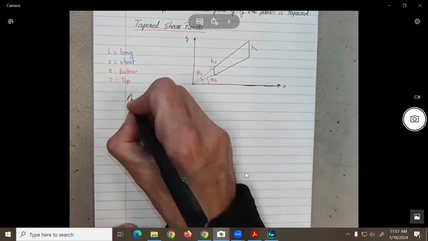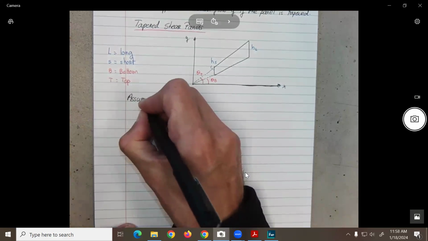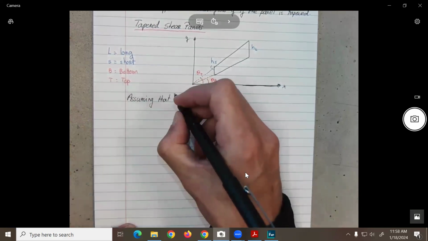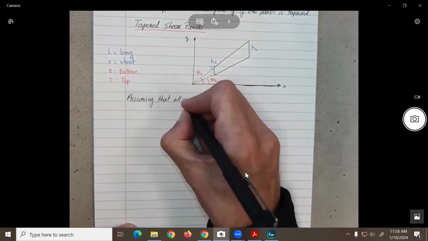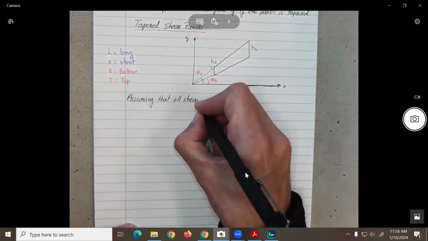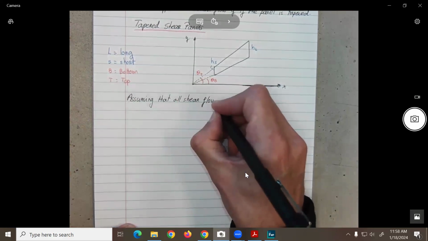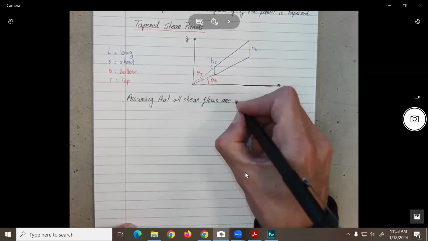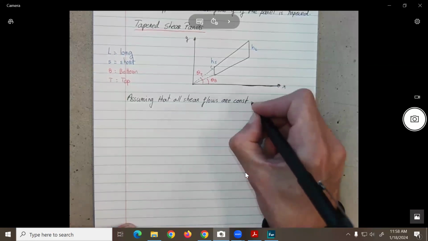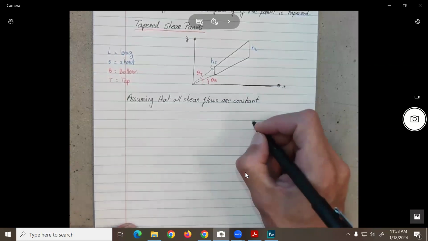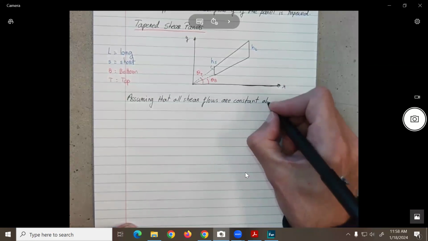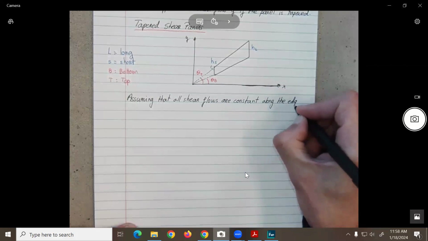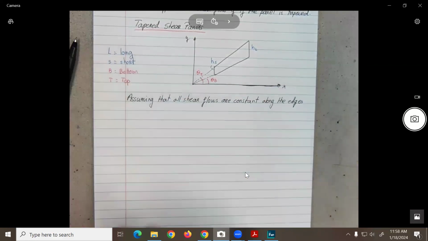So assuming that all shear flows are constant along the edges.